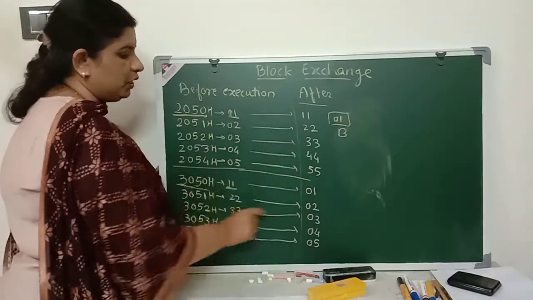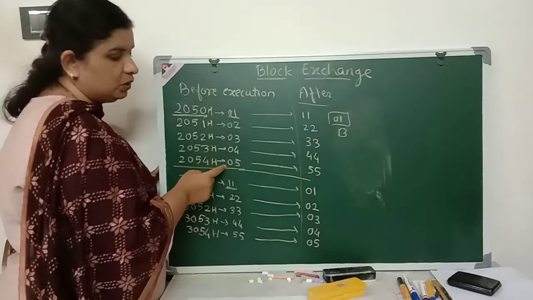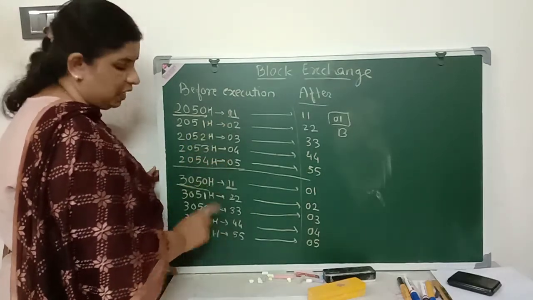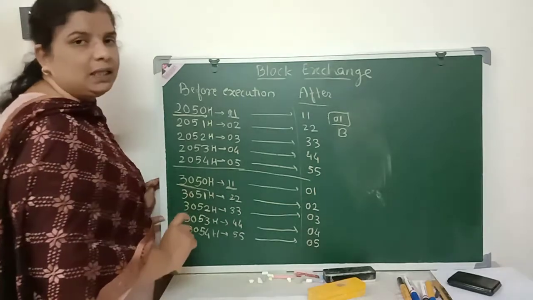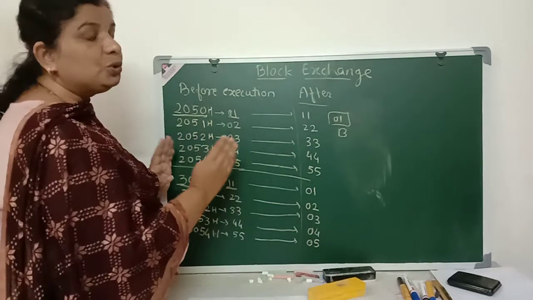Likewise we are going to exchange the block of 5 numbers with the other block stored from another memory location. So this is the task, and we are going to see how to write the program for it.